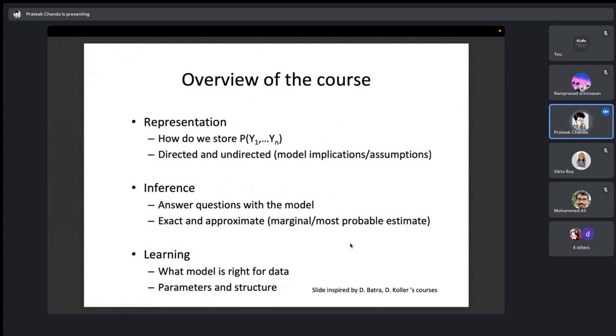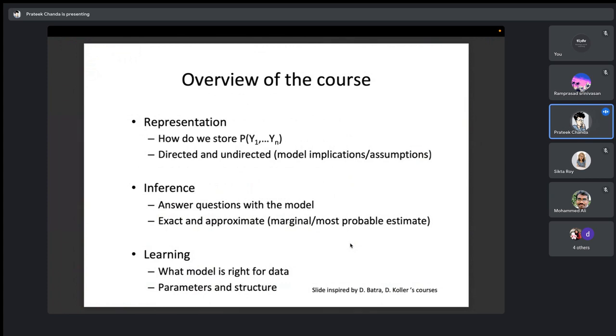As one of the participants mentioned, all the variables may not be connected to each other. There might be a few nodes in the graph that are not connected. So that is one aspect: how do we store that? The other aspect is how do you represent directed graphical models and undirected graphical models? What are the assumptions there?